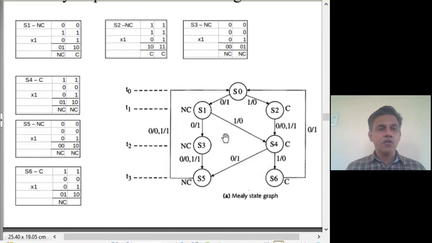Now handling S4, which is a carry state. So a 1 needs to be handled. No bit needs to be handled in the time T2. But the input bit can be 0 or 1. Accordingly, we have a result which is 0, 1 or 1, 0.